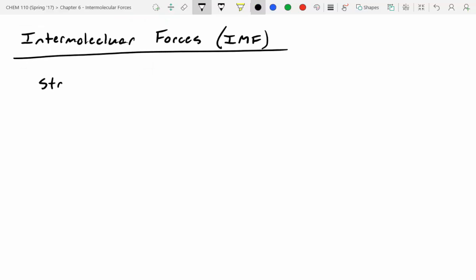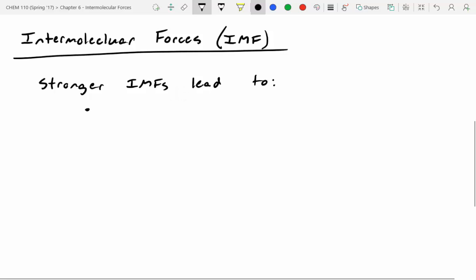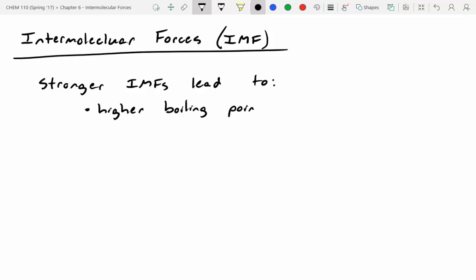Typically, stronger IMFs lead to higher boiling points and higher freezing points. So these forces really impact the physical properties of a molecule.